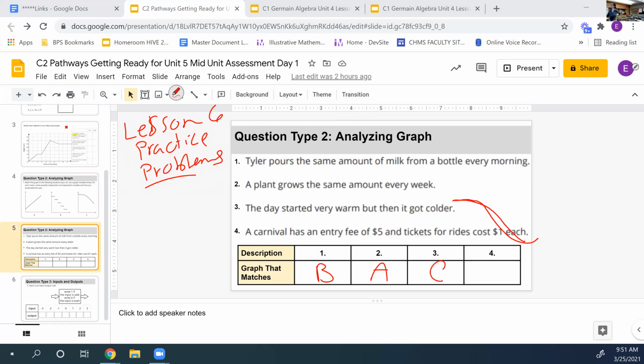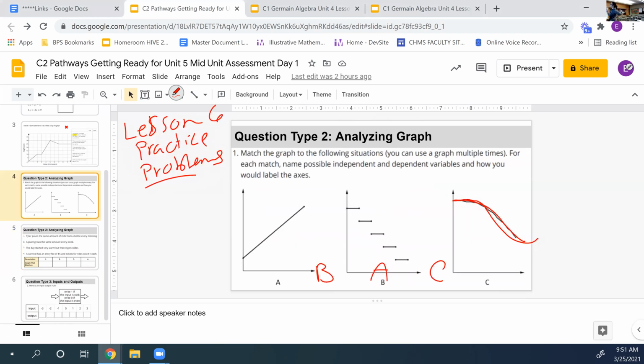And 4, the carnival has an entry fee of $5, and the tickets for the rides cost $1 each. Very good, Edgar. So which one of these graphs says it starts with a $5 entrance fee, and then it costs $1 each? So we're talking about how much money we make.